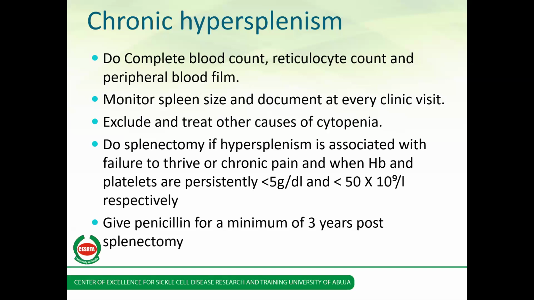So hypersplenism is different from splenomegaly. Hypersplenism is a situation in which the function of the spleen is exaggerated. The spleen, we know, is a reticuloendothelial organ. It can be involved in hemopoiesis, extramedullary hemopoiesis, and on the other hand, it is a filtering organ.